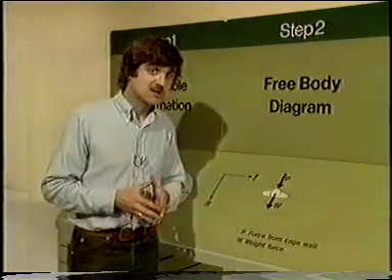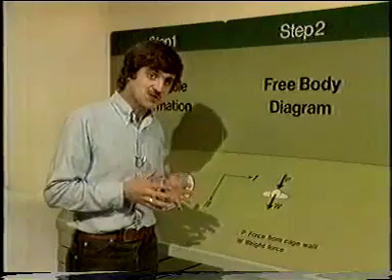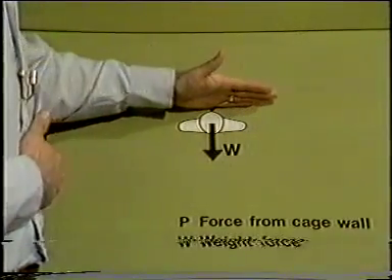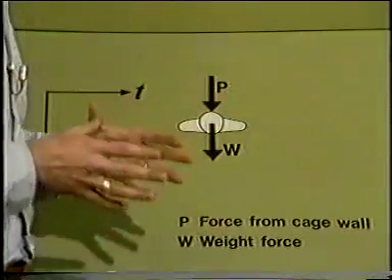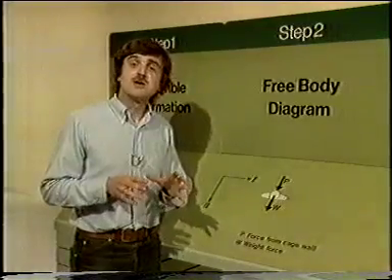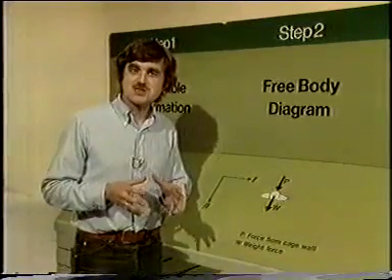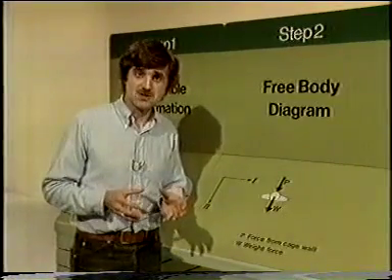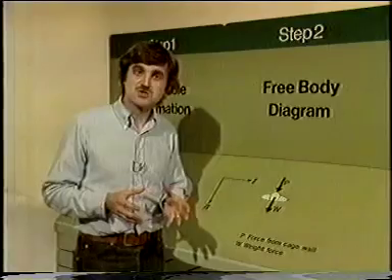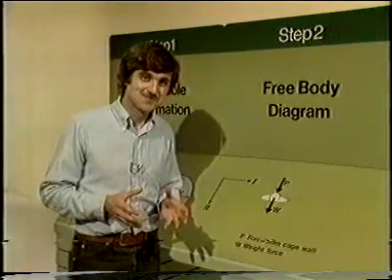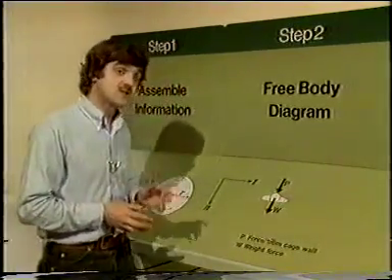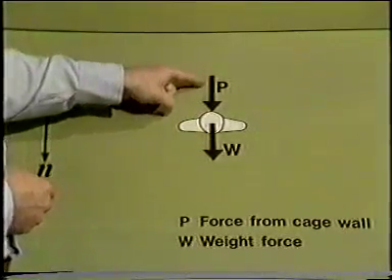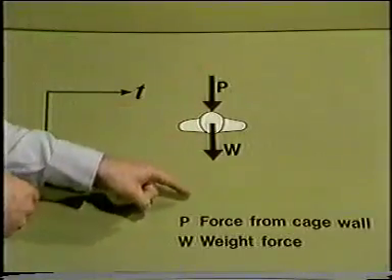Of course, you might expect that there would also be a tangential friction force acting between the man's back and the cage wall in the tangential direction. But remember that the man and the wheel are both turning at a constant angular velocity. And this means that the tangential acceleration is zero, so that the resultant tangential force will also be zero. So we're left with just two forces, P and W, both acting normally in a positive direction.